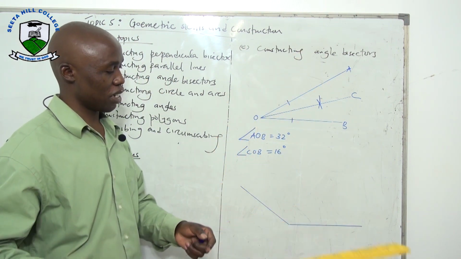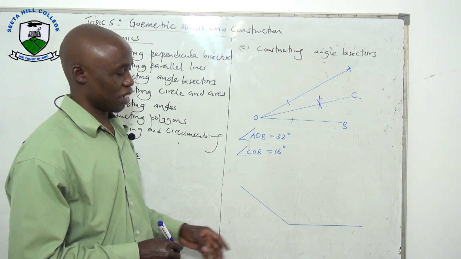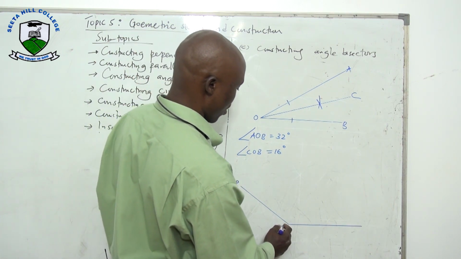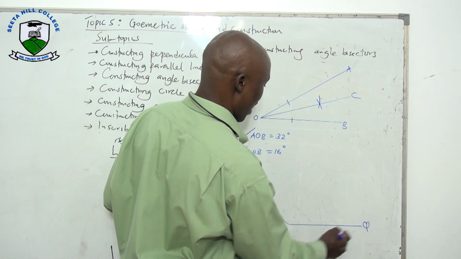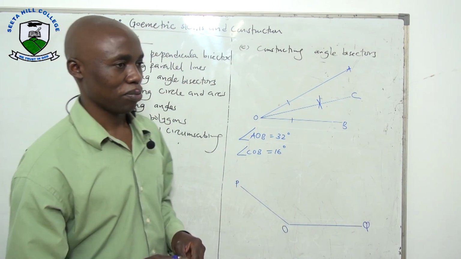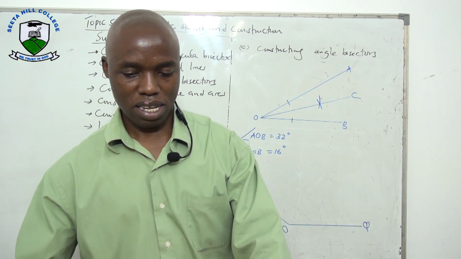How do we measure that and how do we bisect that? We use the middle point again.